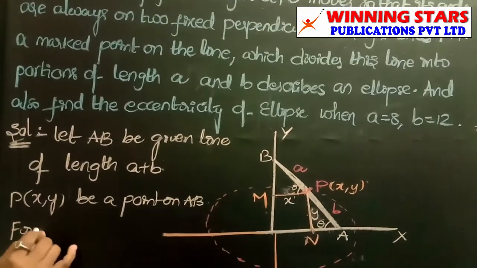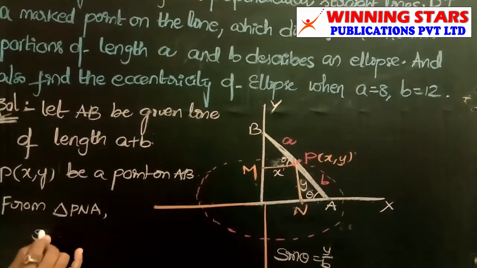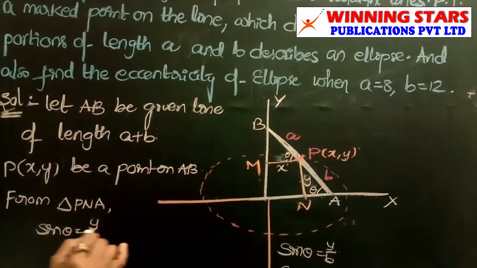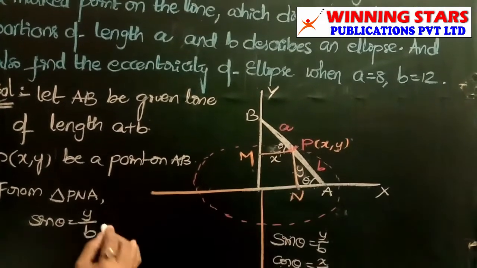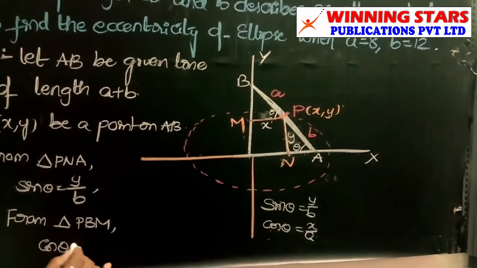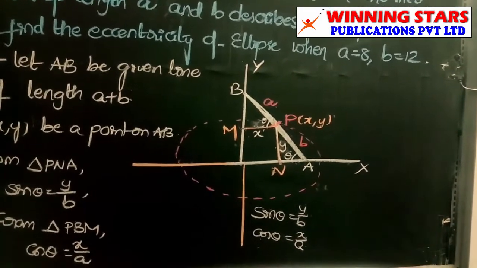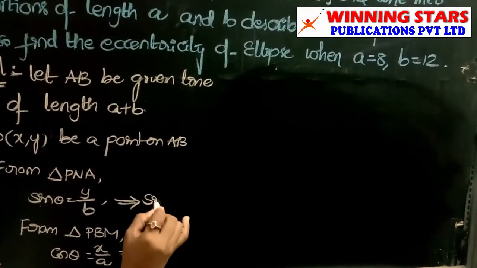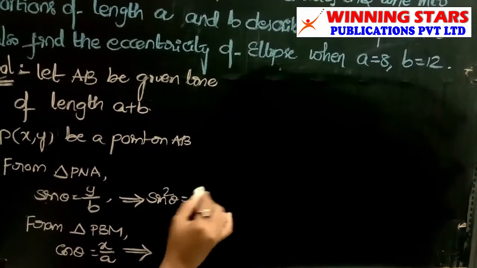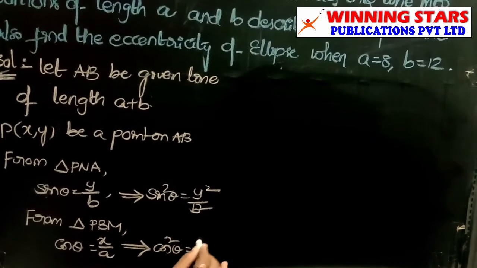From triangle PNA, the value of sin theta is equal to opposite by hypotenuse, that is, y by b. From the triangle PBM, the value of cos theta is equal to adjacent by hypotenuse, that is, x by a. So sin square theta is equal to y square by b square, and cos square theta is equal to x square by a square.